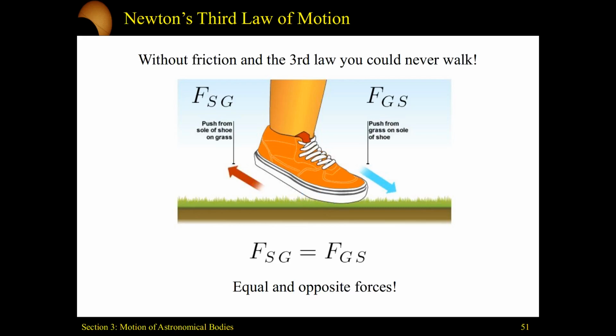Now, Earth is orders of magnitude heavier than you, so Earth barely moves, barely accelerates. Think back to the boxes. It's much more massive. But you correspondingly feel a force from the ground on your shoe, and so you get to move forward. It's because of friction and the third law that you can even walk.